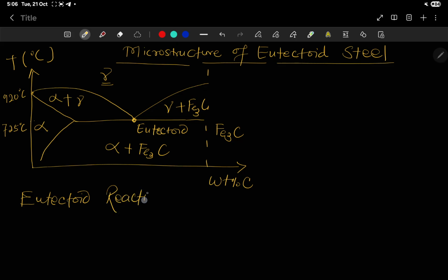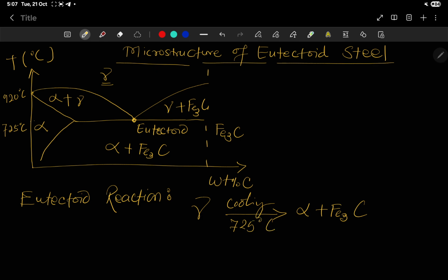Eutectoid reaction. So you can see here what is happening. Gamma is cooling into alpha plus Fe3C at 725 degrees Celsius.